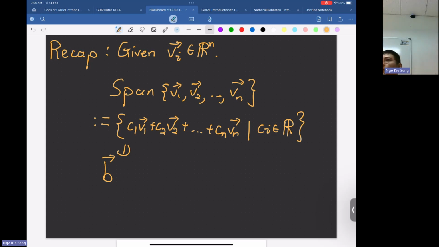To solve a system of linear equations, how do you understand it? How many ways are there to understand a system of linear equations? You can understand it as an augmented matrix, or a matrix equation, Ax = b, or a vector equation. There are a few ways to understand it. To solve it, you can use the row reduction method, or an algebraic method, substitution, or you use geometry.